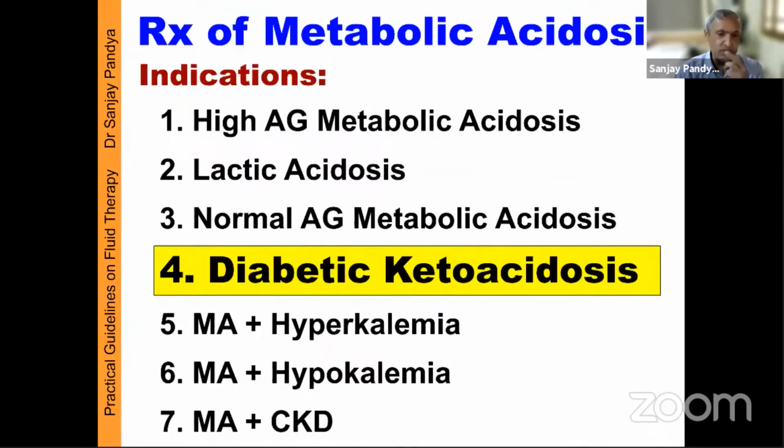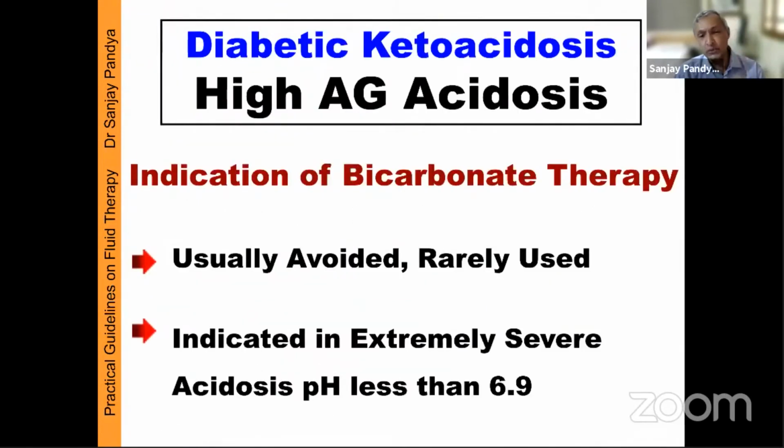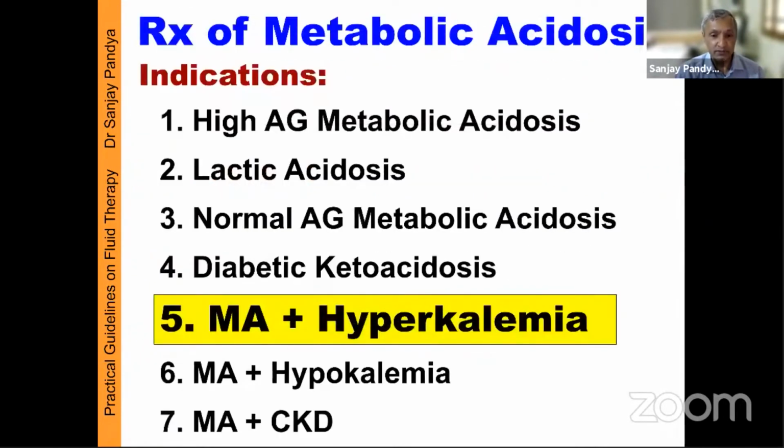In diabetic ketoacidosis, bicarbonate is rarely used and usually avoided. The role of bicarbonate therapy is only when it is extremely severe, like pH less than 6.9. Otherwise, it is not required.